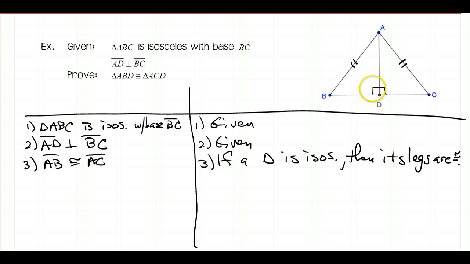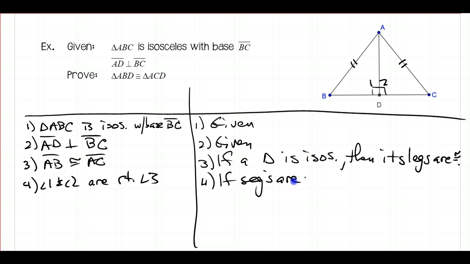And then since we know that this is perpendicular, I know that angles 1 and 2 are going to be right angles. Angle 1 and angle 2 are right angles if segments are perpendicular, then they form right angles.